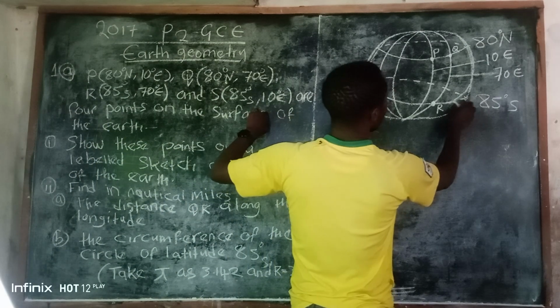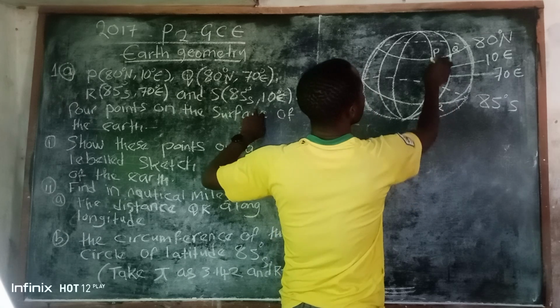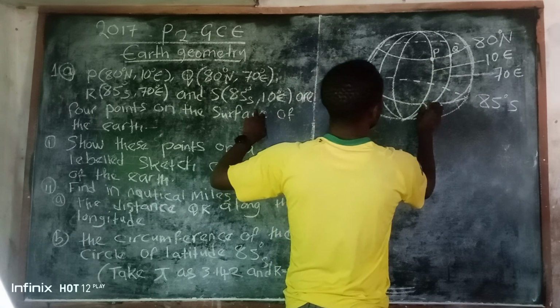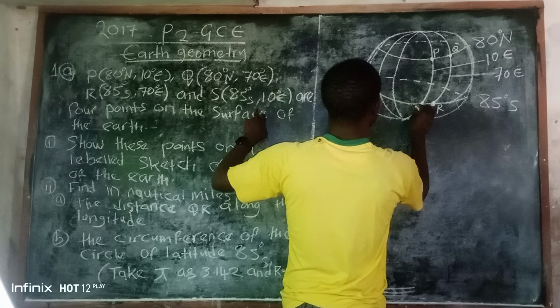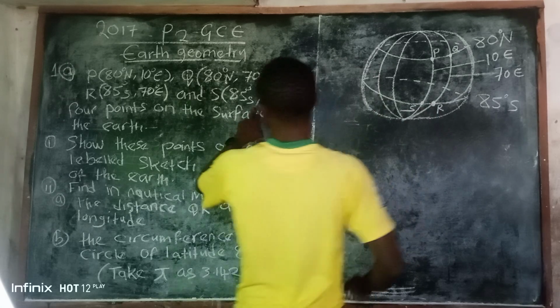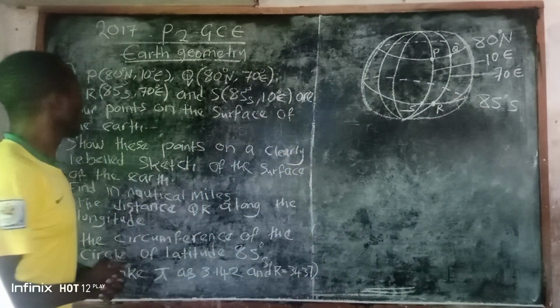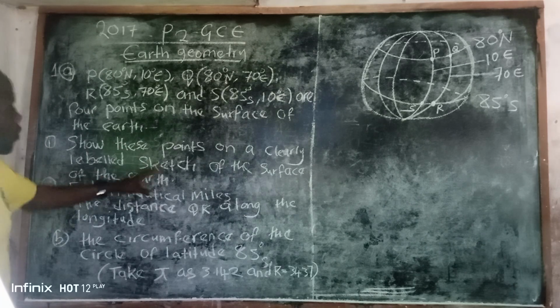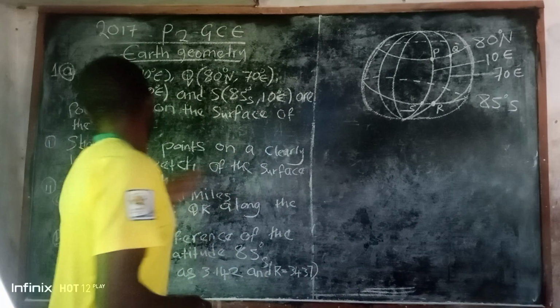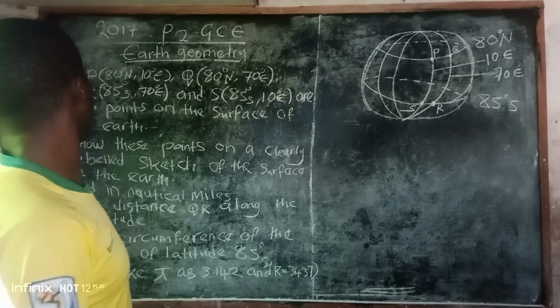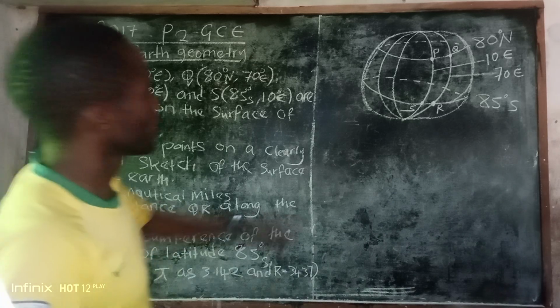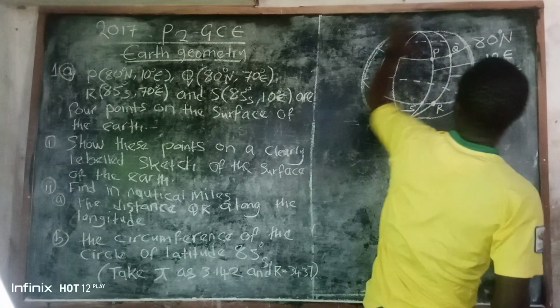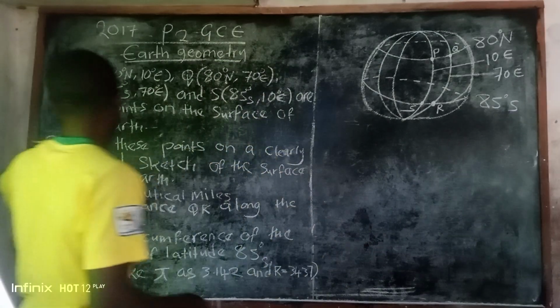So 85 is this one, then 10 degrees east is this one. So S is located here. Four points. So we have shown, according to the first question, these points on a clearly labeled sketch of the surface of the earth. We are done with the first question.